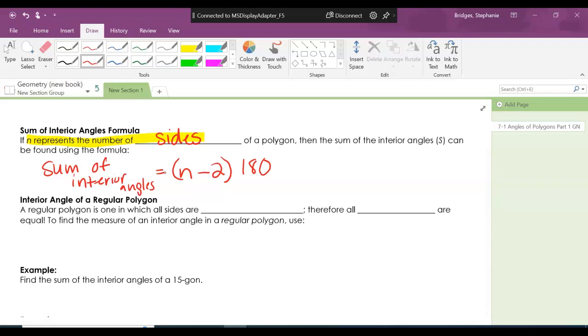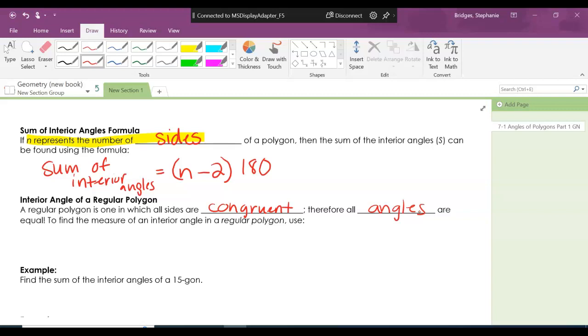Then we need to talk a little bit about a regular polygon. A regular polygon is one in which all sides are congruent, or equal, whatever you want to say.